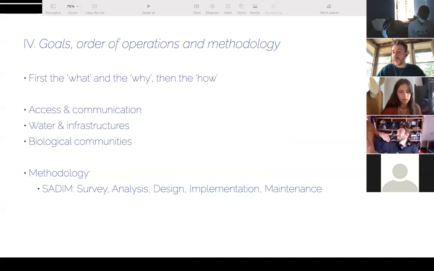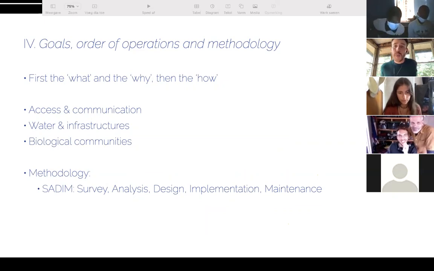What do I want to get? What do I want to achieve? Why? Do I want to focus on the food production? Do I want to work on environmental sensibilization? Do I want to work on a cooking culture, for example, like gastronomy, herbal plants? These are questions to answer first, the what and the why. I'll get back to this once I get to the design.